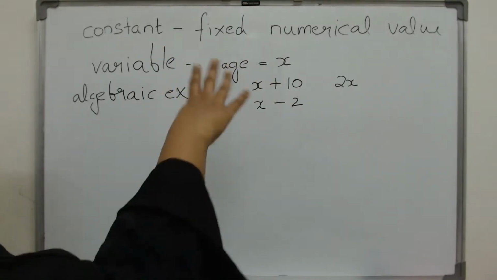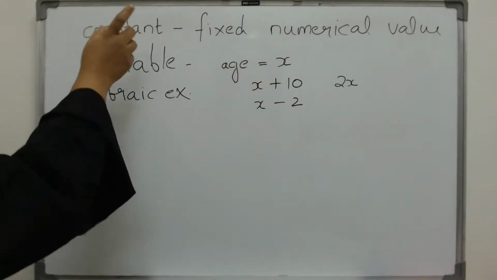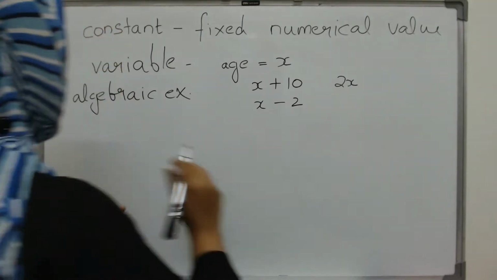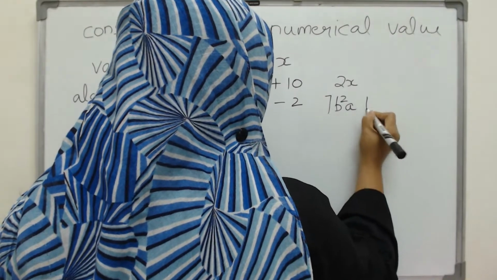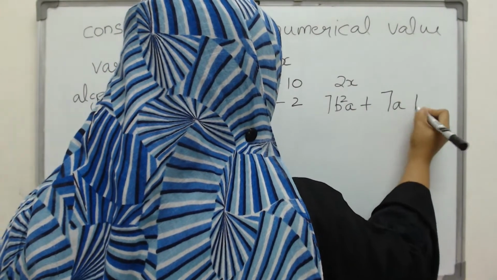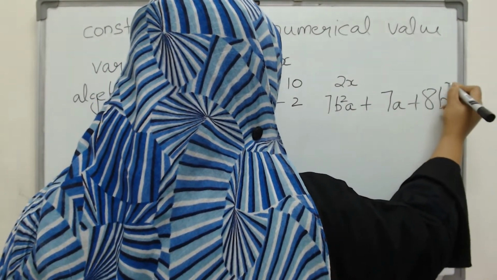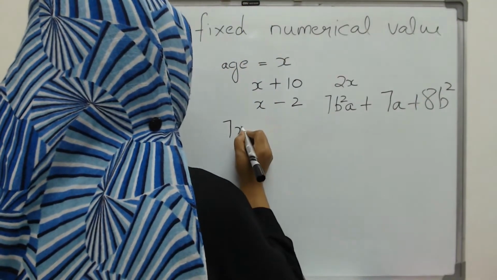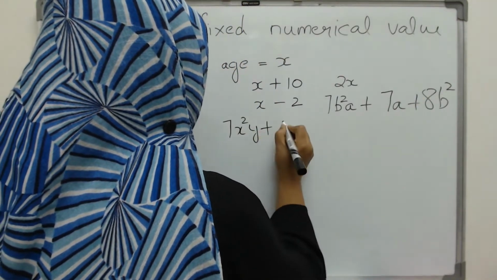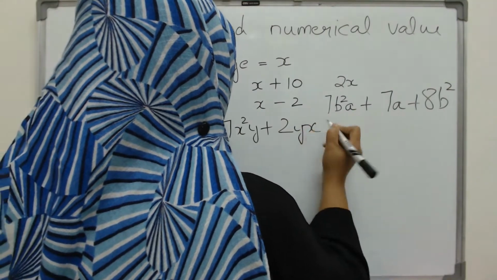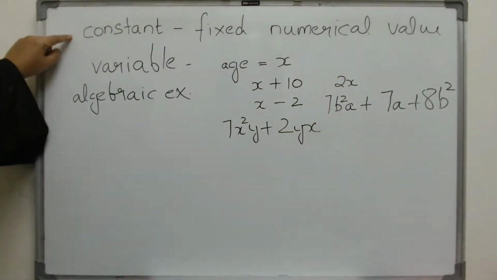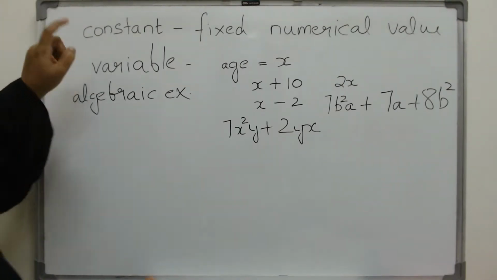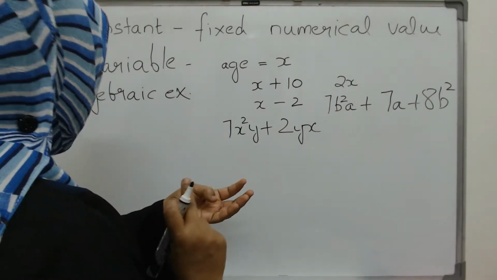For example, some of the algebraic expressions look like this. This is an example, and again this is an expression. These are all algebraic expressions. They have constants and variables in them, and they have addition, subtraction, multiplication and division in them.